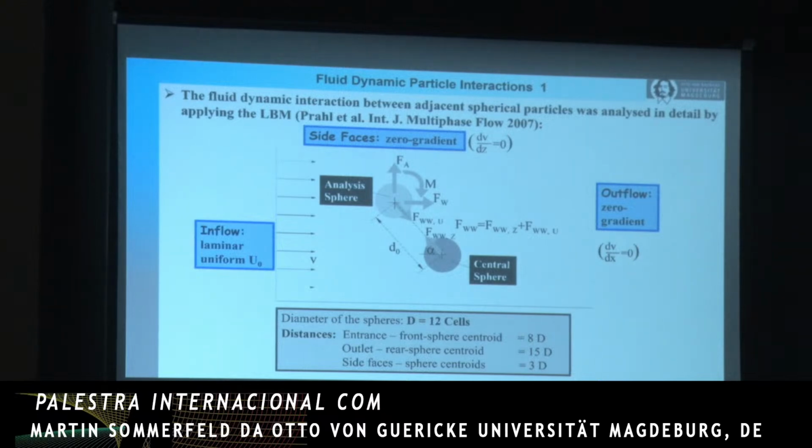But if you, of course, want to resolve the temperature distribution inside the droplet, as Hans has done, this is probably not sufficient. Then the entrance distance to the front sphere is 8 diameters, the outlet from the rear sphere is 15 diameters, and from the side face is only 3 diameters.